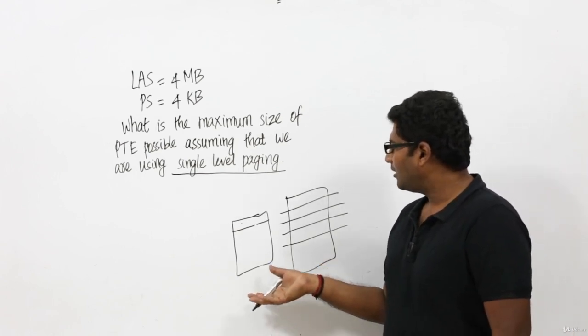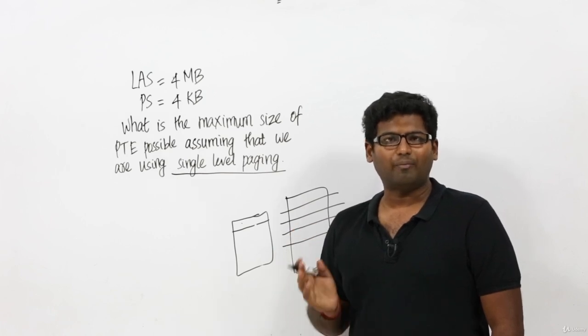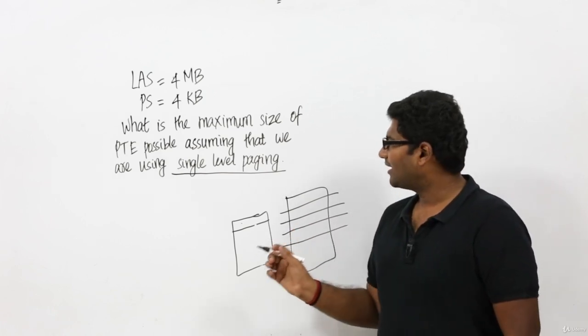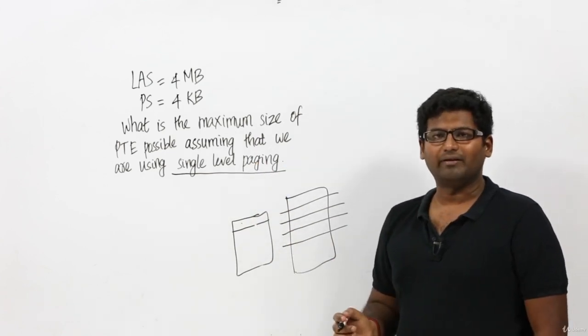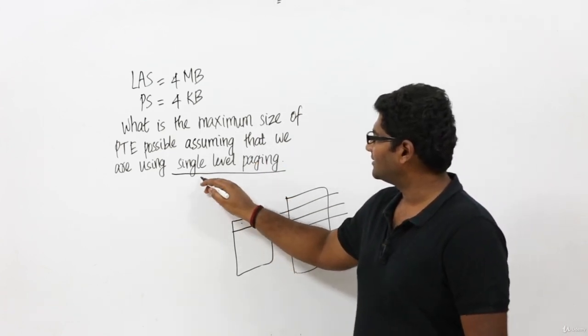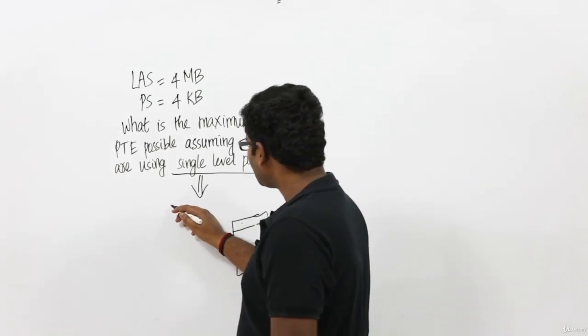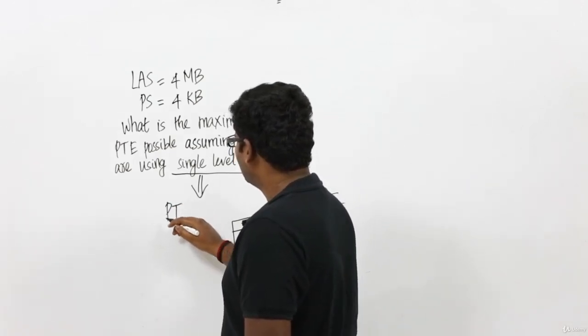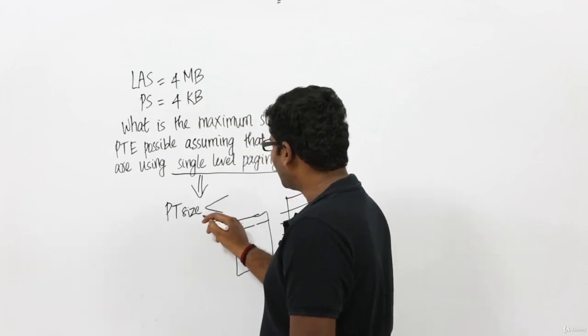In case the page table size is larger than the size of a page, we should definitely go for multi-level paging. But they have given that we should definitely use single level paging. Now what does it mean? It means that the page table size should definitely be less than or equal to the size of a frame.